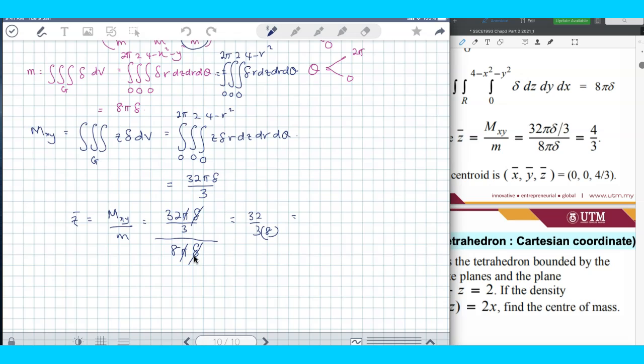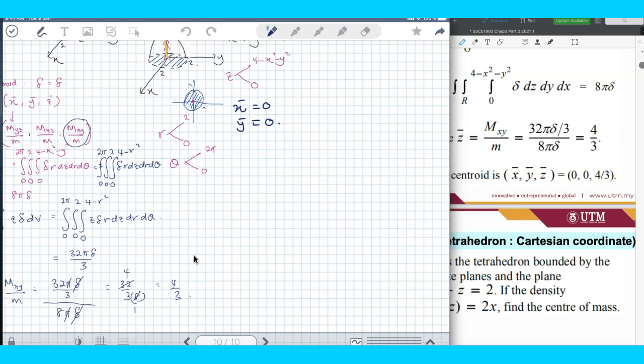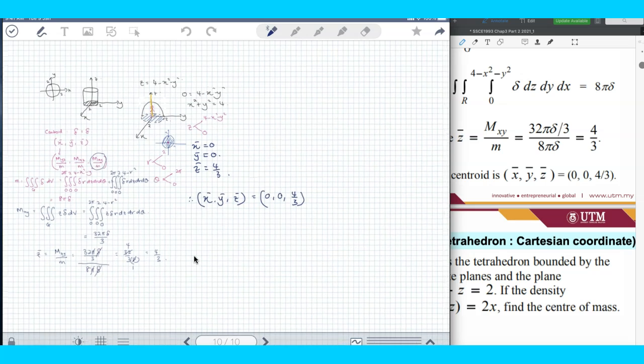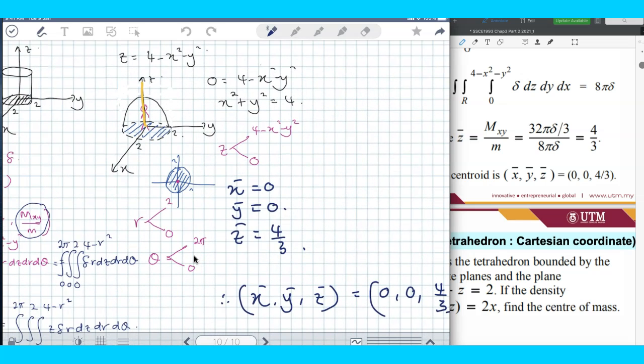So we have 1 over 4, so we have 4 over 3. So we managed to get z bar as 4 over 3. So x bar, y bar, z bar is at 0, 0, 4 over 3, which means somewhere here. That is your center, I mean the stability point, the centroid.